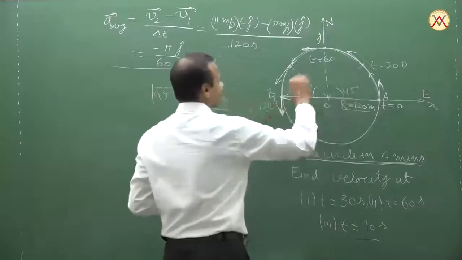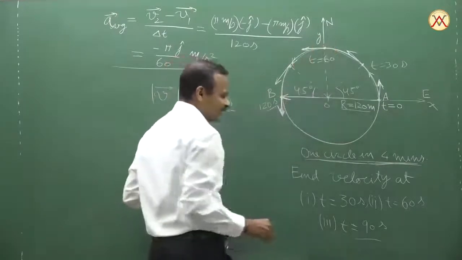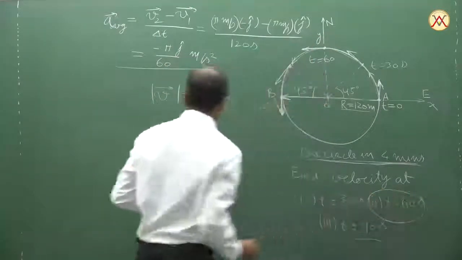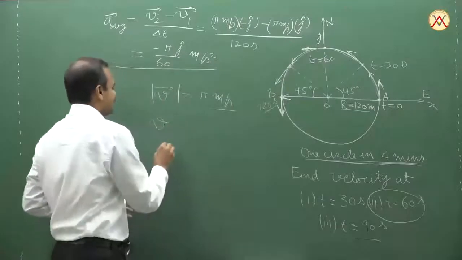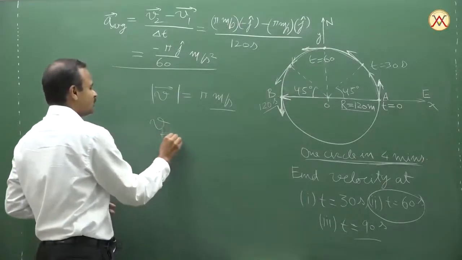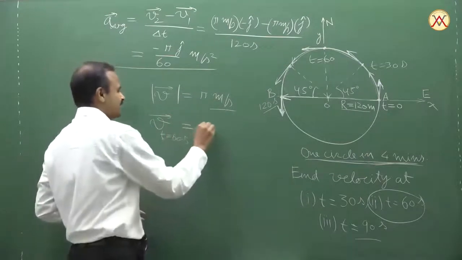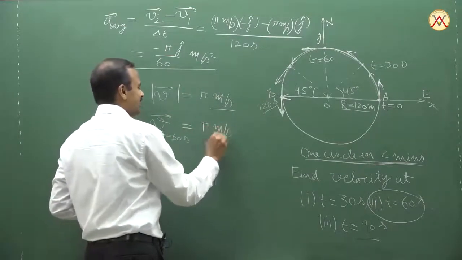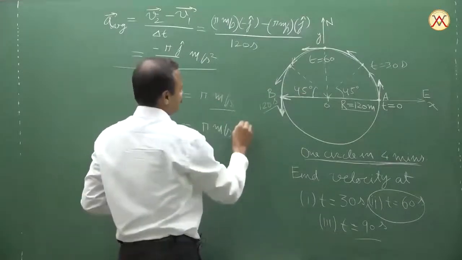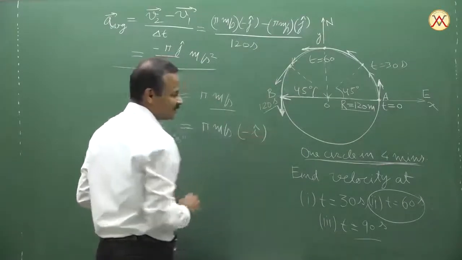So these are the 3 points. Now out of which the second one is quite easy. Velocity at t equal to 60 seconds we can say is pi meter per second, and the direction is minus i cap, towards west.